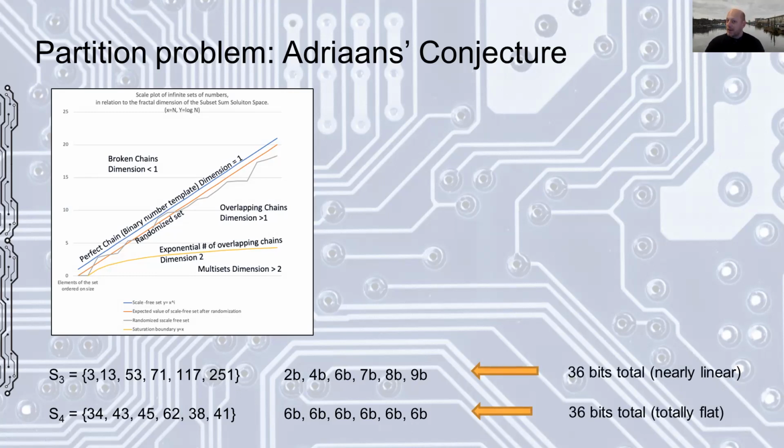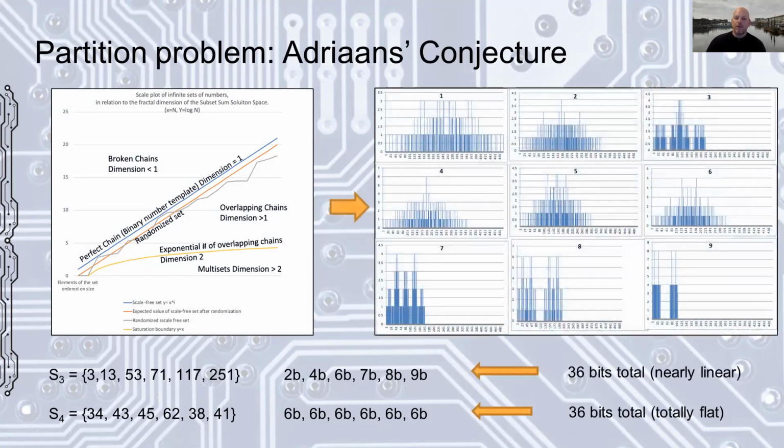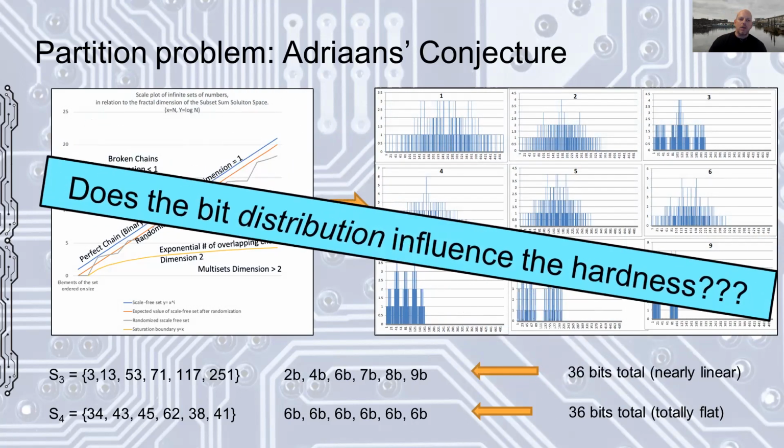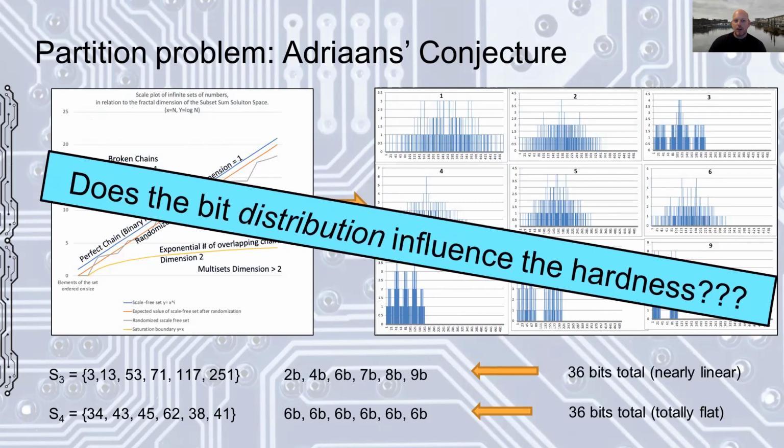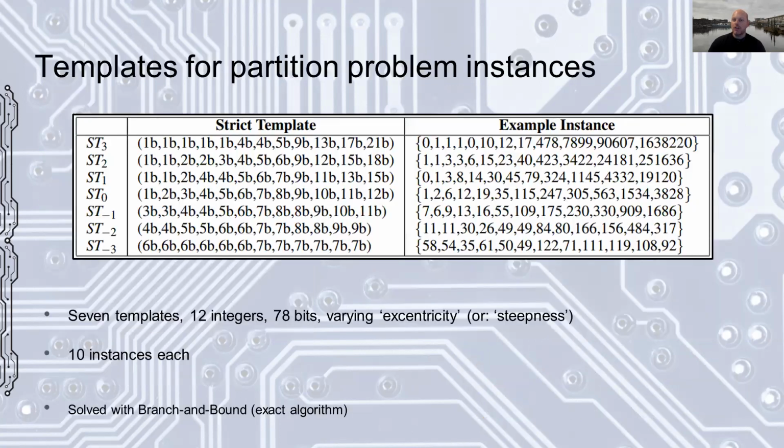The number of bits is the same. It's just the distribution of bits among these integers which makes a difference for the hardness. And it has everything to do with the fractal distribution of solutions in the combinatorial state space. Right, so that's the research question. Does the bit distribution influence hardness? Yes, it does, and we'll get there right away.